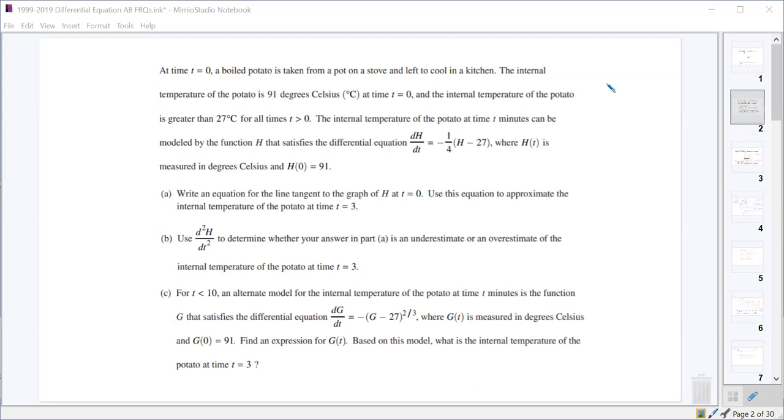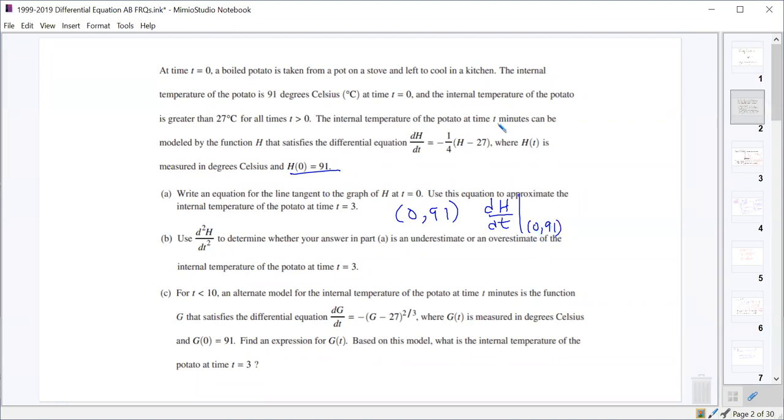So part A wants us to write an equation of the line tangent to the graph of H at t equals 0. Okay, great. So same thing we've been doing. We need to write an equation using a slope and a point. Our point will be the point (0, 91), because that's what H of 0 is. And our slope should be the value of dH/dt at the point (0, 91).